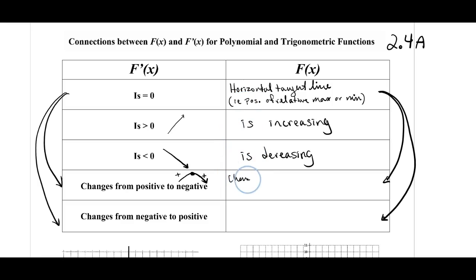So my function is changing from increasing to decreasing, which means there is a relative maximum.